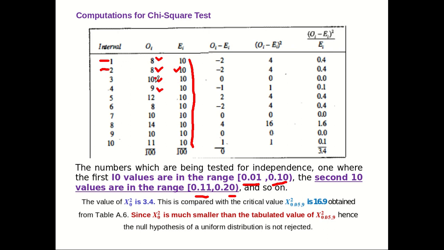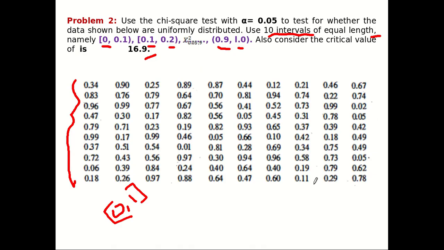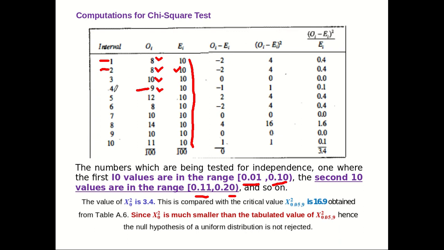In the fourth interval we observe only 9 numbers out of 100, in the range associated with the fourth interval. Like this, all these values will be taken. Next we calculate OI minus EI, (OI minus EI) squared, and (OI minus EI) squared divided by EI, and all these values will be added.